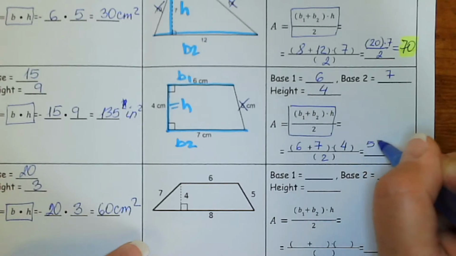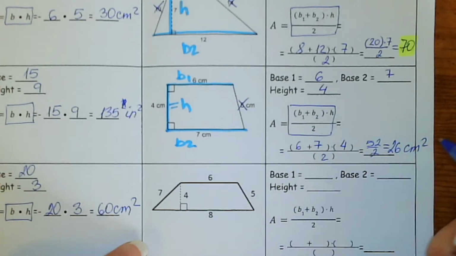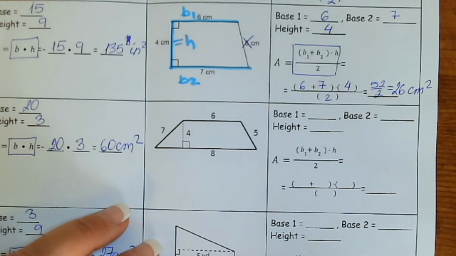So 52 divided by 2 will be 26 centimeters squared. Formula, base 1 plus base 2 times the height divided by 2.